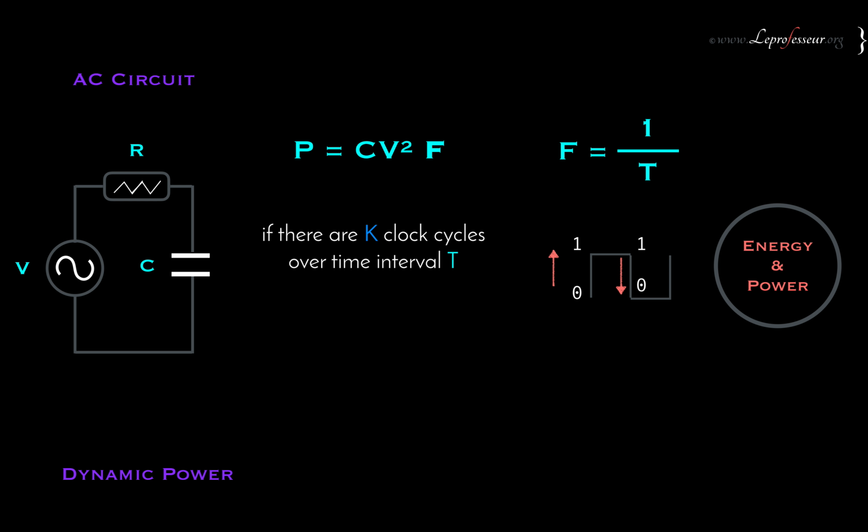And if there are k clock cycles within the time interval t, then the total time would simply become k times t clock. Now we are talking about the clock frequency here. So t clock is nothing but 1 over the clock frequency, or the time period of your actual clock.